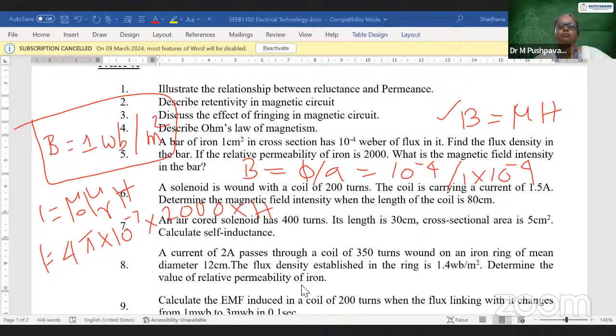Magnetic field intensity in the bar is in ampere turns per meter. That is the unit for H. Always mentioning the unit is very important. Yeah, very good, Akash.